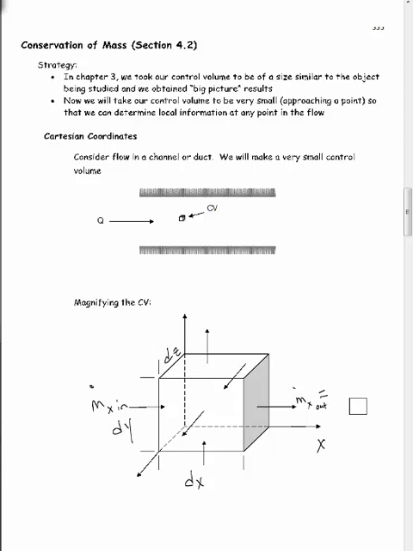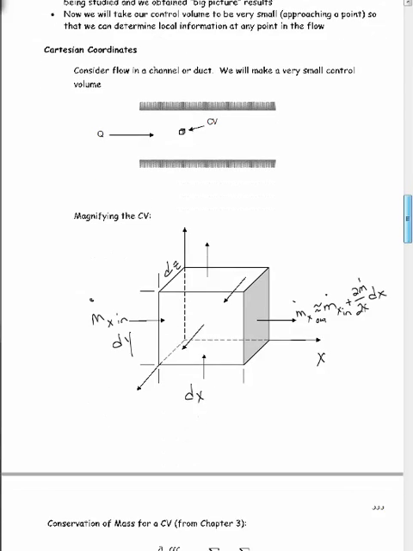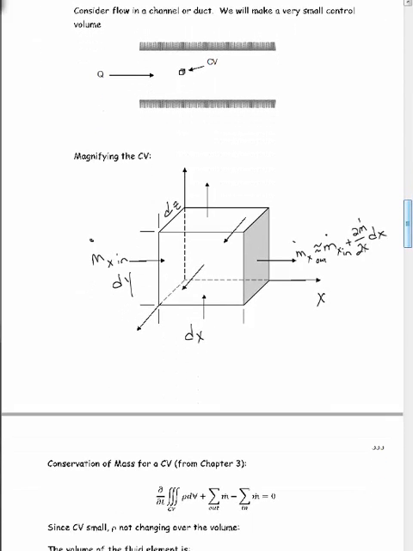Okay, so we can say our m dot x out is approximately equal to m dot x in, or intercept, plus the partial of m dot with respect to x, times dx, that distance across that we're going. So it's just got to be changing linearly when it's that small. And that is key. That's how you derive all of these kinds of equations.